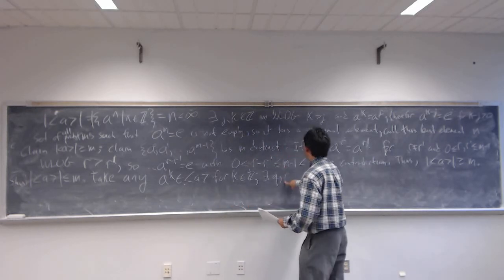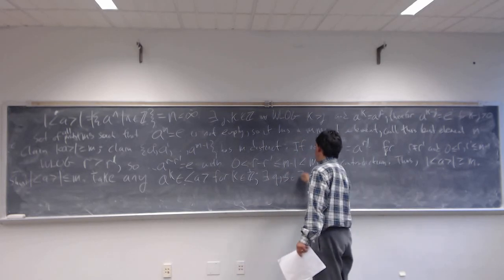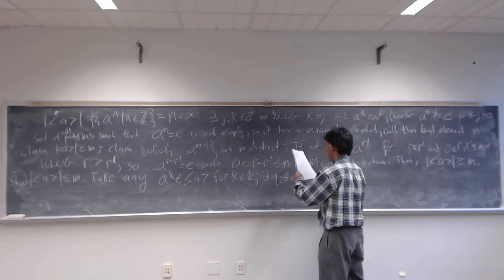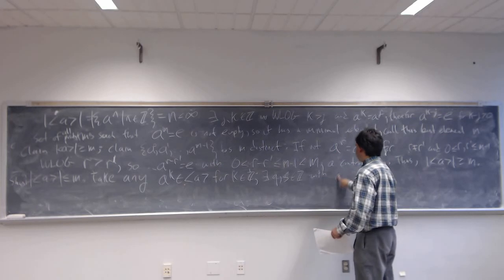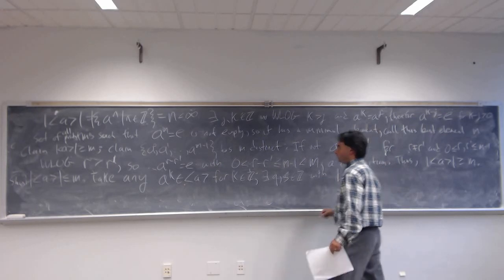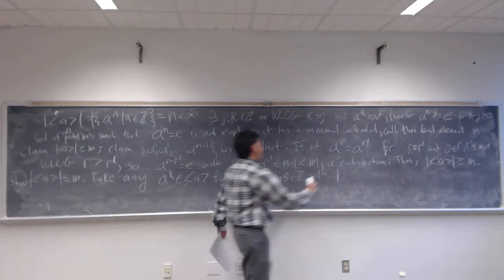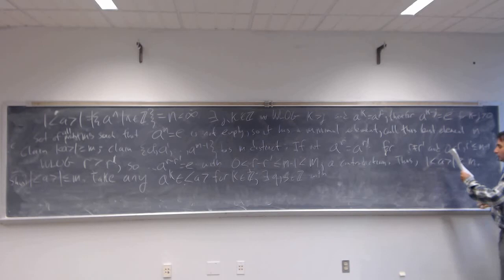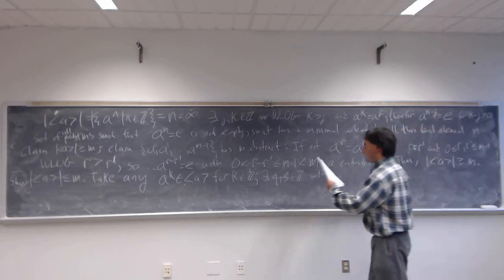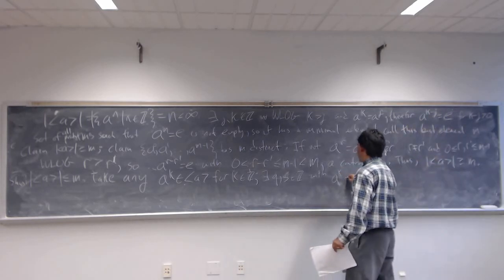I've used r already, so a different letter, maybe use s. s is going to be our remainder in Z. I'll just jump right to the division algorithm with a to the k.